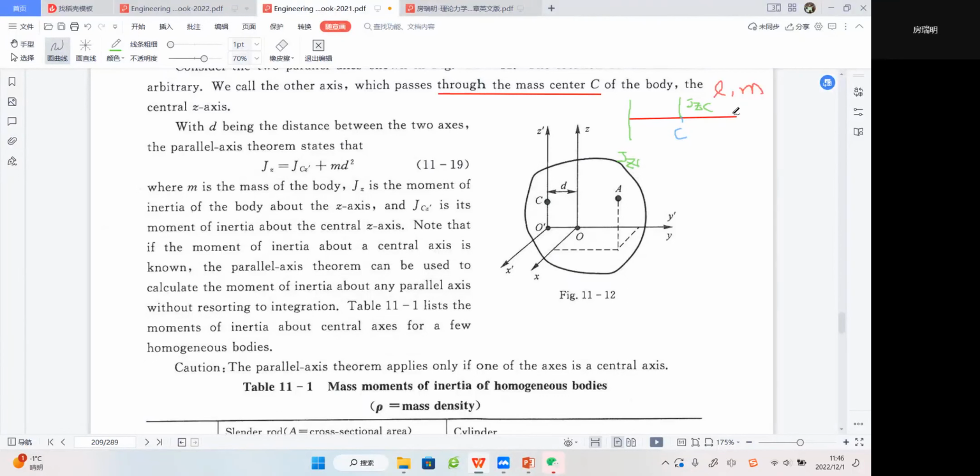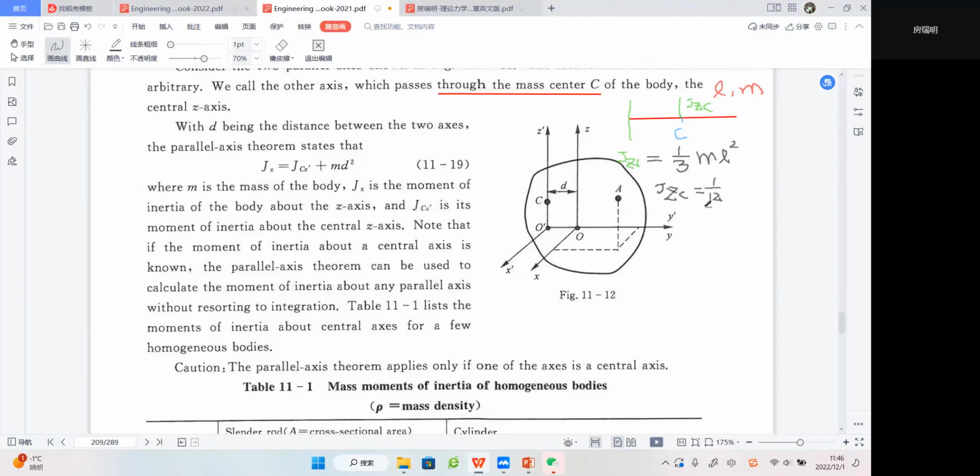Please remember these two things. Jz will equal 1/3 M L squared, and Jzc will equal 1/12 M L squared. How do we read 1/12 in English?